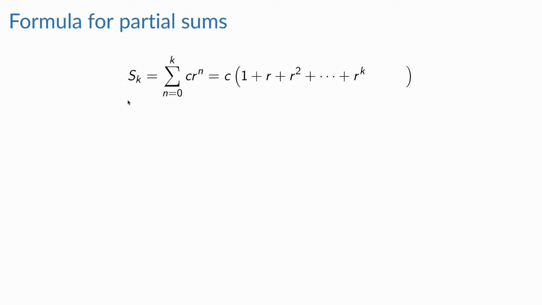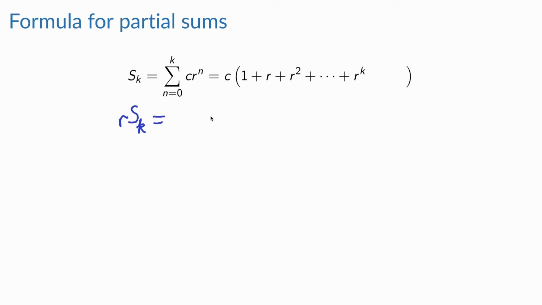And then what I'm going to do is take this thing and multiply it by r. So we have r times S_k. This is just pure algebra right here. I'm going to line it up directly under that so it's obvious what's going on.